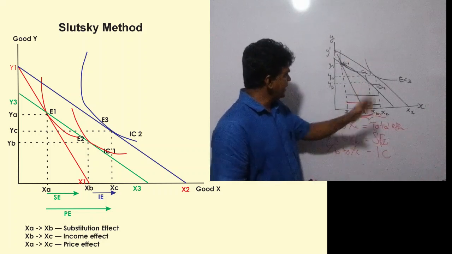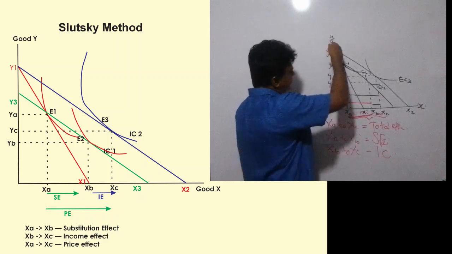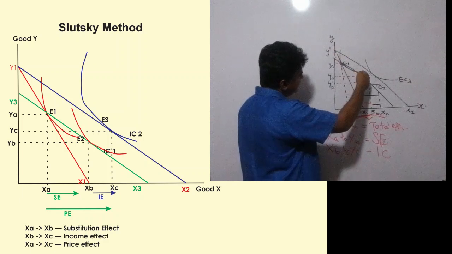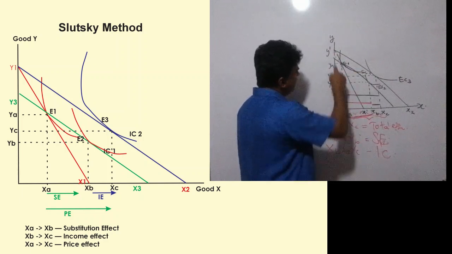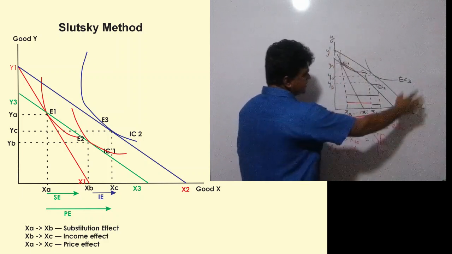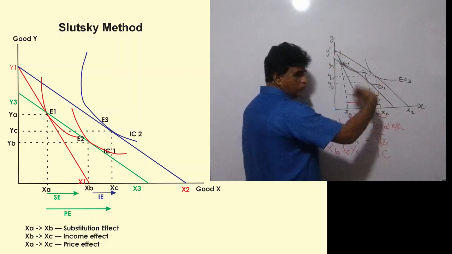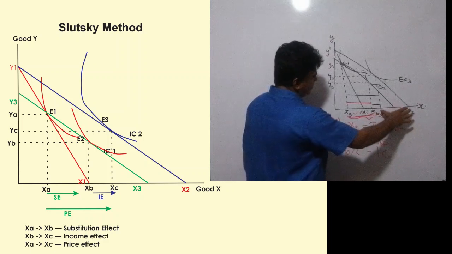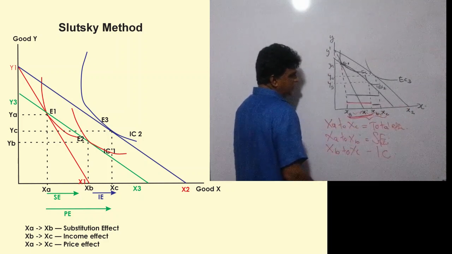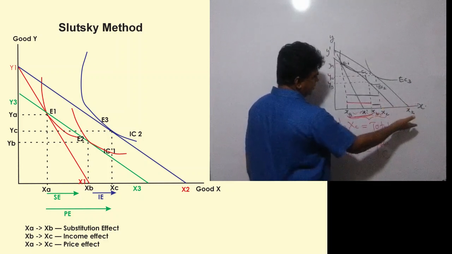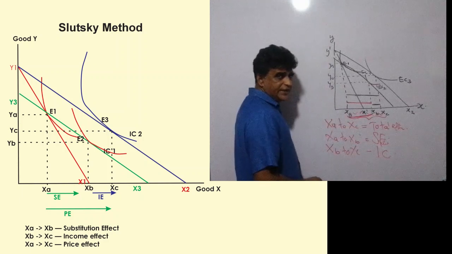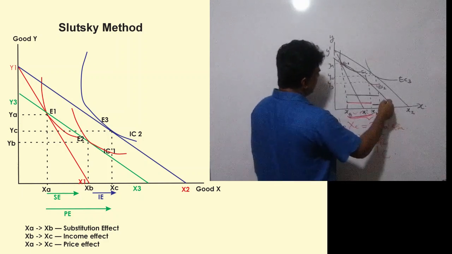Right, I will explain it again. This is the initial budgetary line and this is the initial indifference curve. And when the price decreases, the budgetary line moves rightward from only this side, that means anticlockwise, it is rotating. Then the new X2 amount is consumed due to the price decrease.